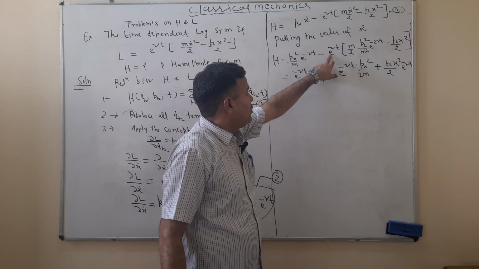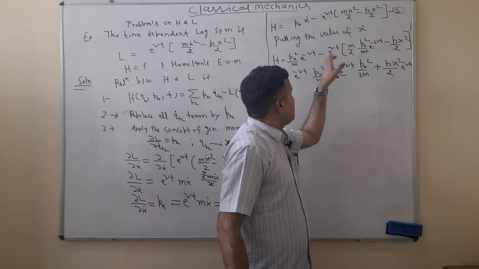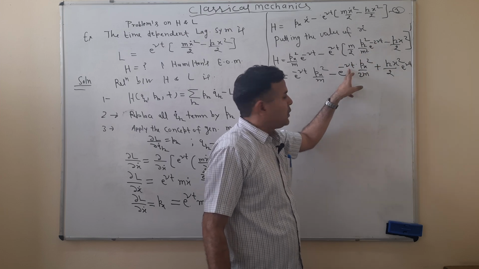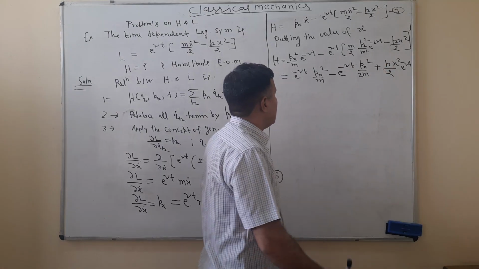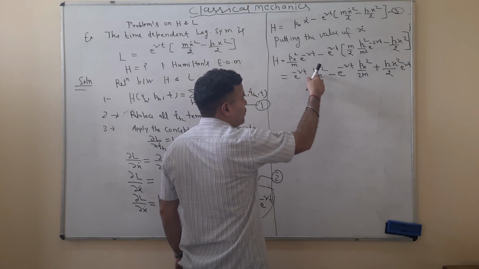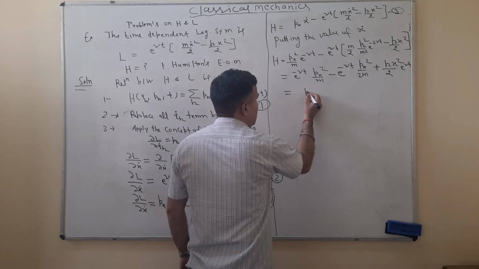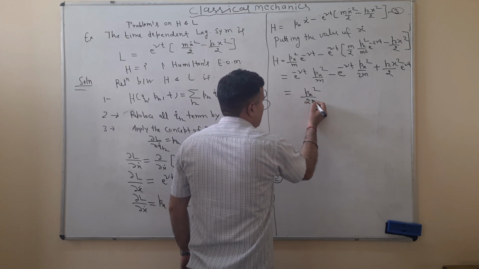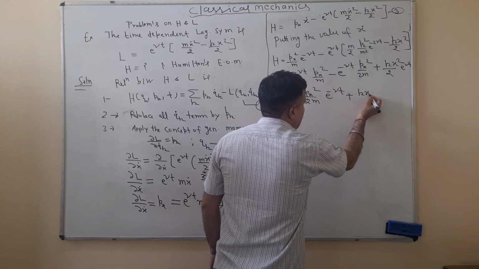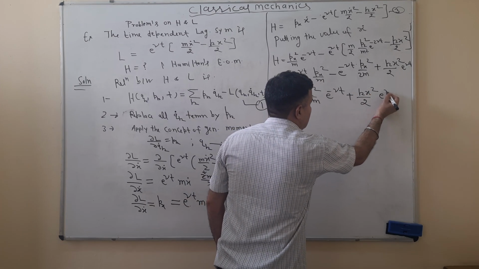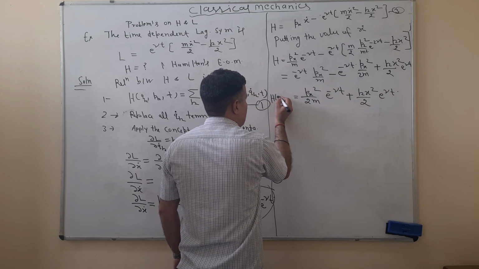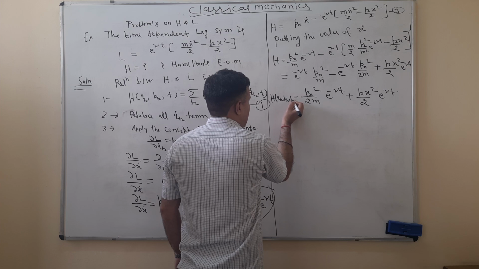So this is px square by m, and px square by 2m, so 1 minus 1 by 2 is simply px square by 2m e to the power minus nu t plus kx square by 2 e to the power nu t. Now this is a function of qk, pk and t.